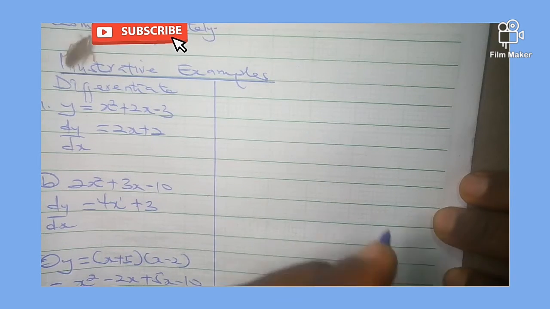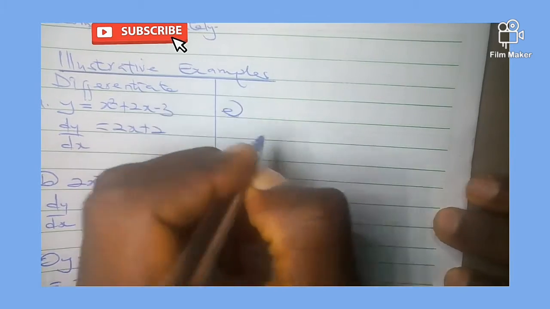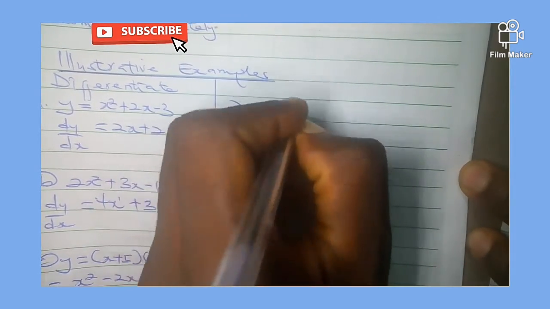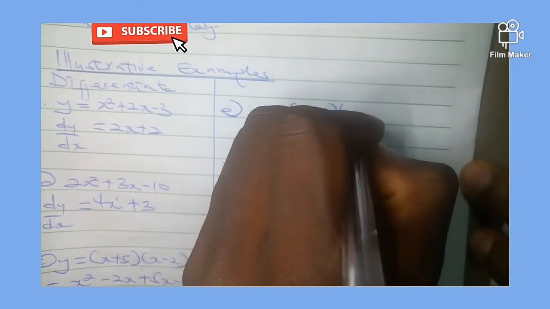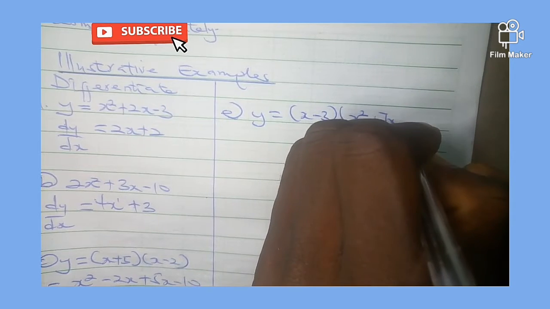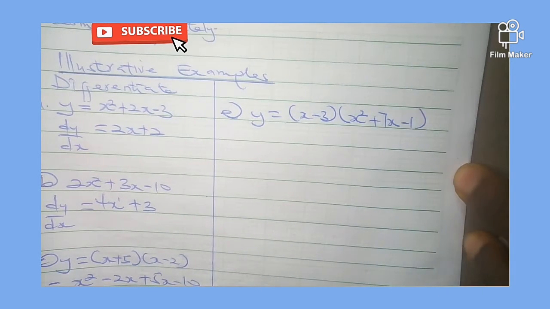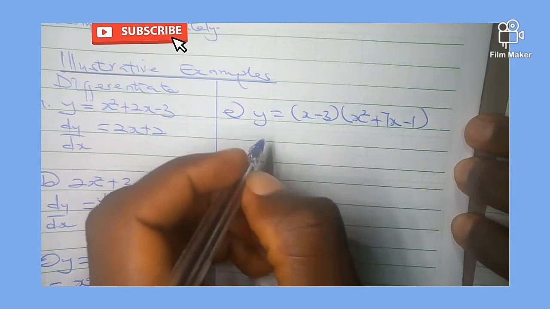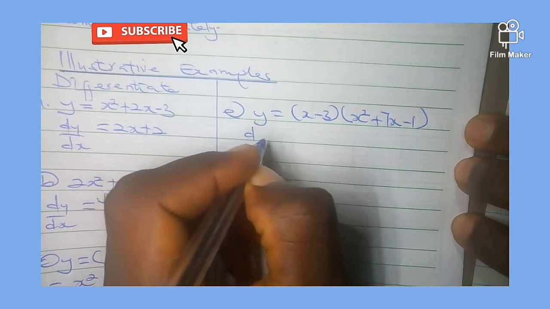Okay, now let's look at another example. Let's say this one too. y is equal to x minus 3, times x squared plus 7x minus 1. Let's differentiate this one. For you to differentiate this, you need to expand.